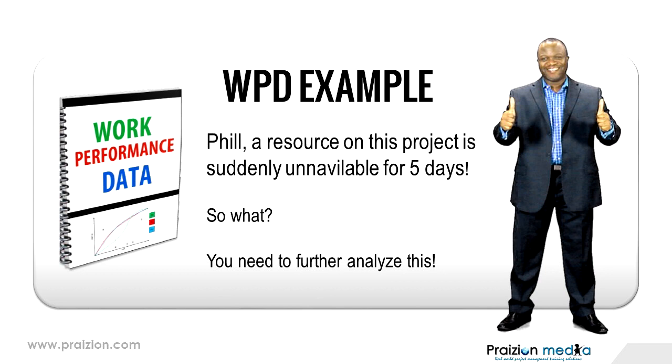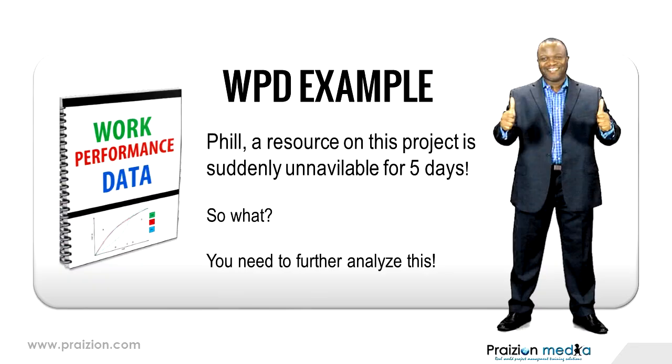Not until you have taken that information and analyzed it and said, oh my goodness, we've got so many milestones that are contingent on this resource. We have so many to-do items, and because Phil is not available, this and this and this will happen. We're going to be behind schedule by 10 days. We're going to have additional risks. We may even have to look at hiring an additional resource in Phil's absence that can actually do his work. So it's going to increase cost and so on and so forth.